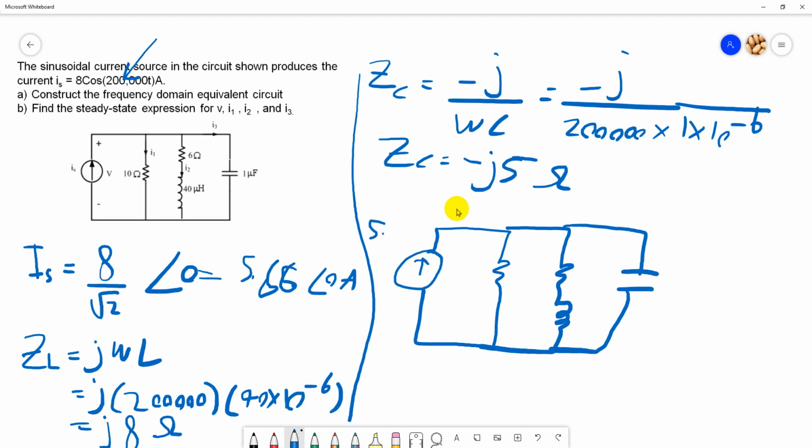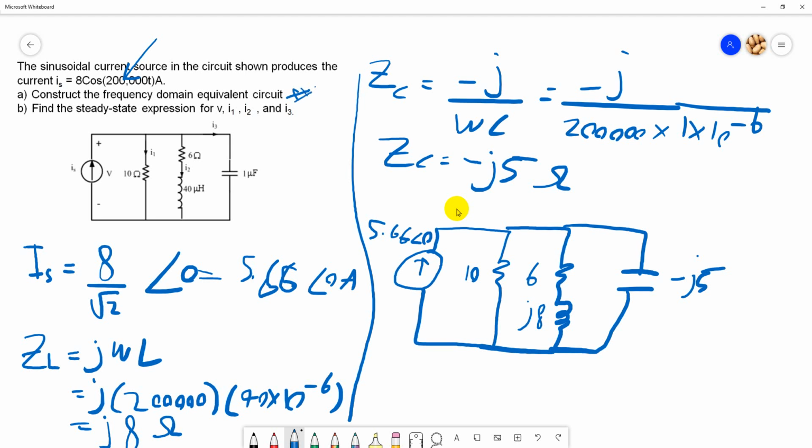So 5.66 angle 0, this one is 10, this one is 6, this one is j8, and this one is negative j5. So you have already answered question A.